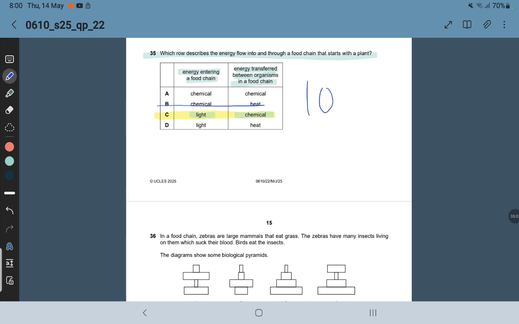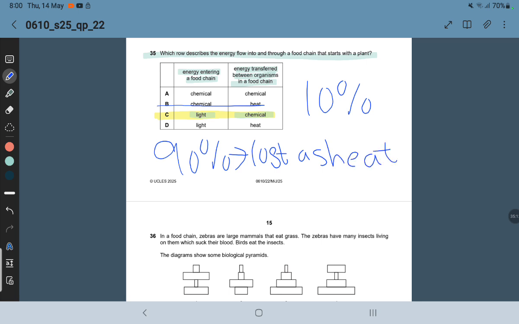Remember that only 10% of the energy is transferred and 90% is lost as heat. I really want you to memorize this concept because it came in the June 2025 paper 4 variant 1, first page, exactly this concept came, so I just want you to be aware of it.